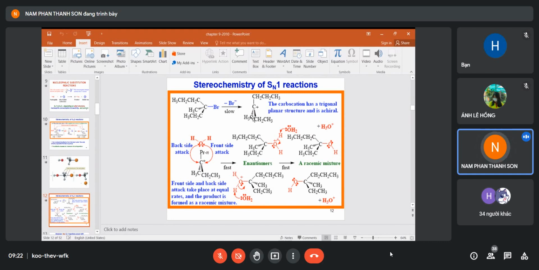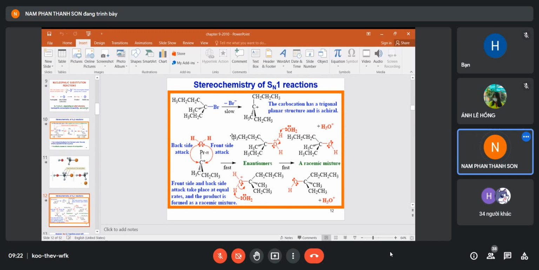Look at the cation. This cation has a trigonal planar structure, I mean, it is flat. We don't have the bromine here, so the negative oxygen will attack. It can attack from the left, and it can also attack from the right.